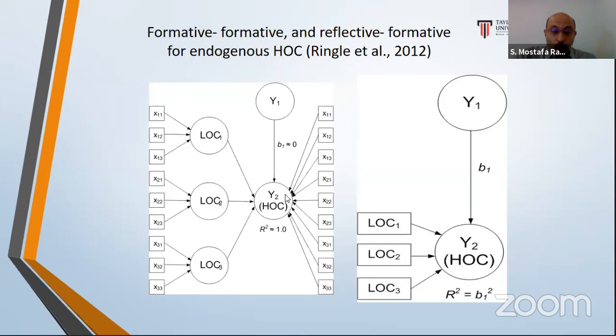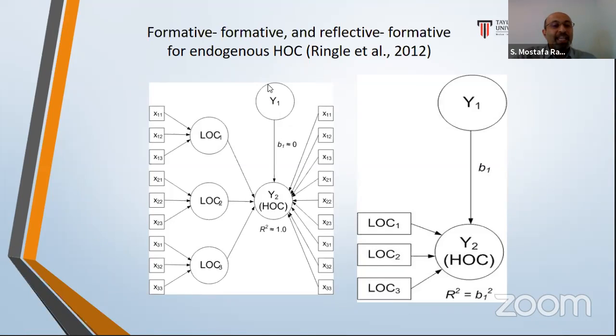Because the whole variance of Y2 is explained by these three dimensions of this second order construct, there is no room for other variables.